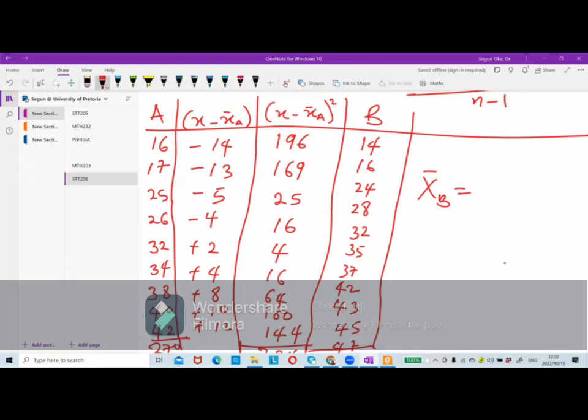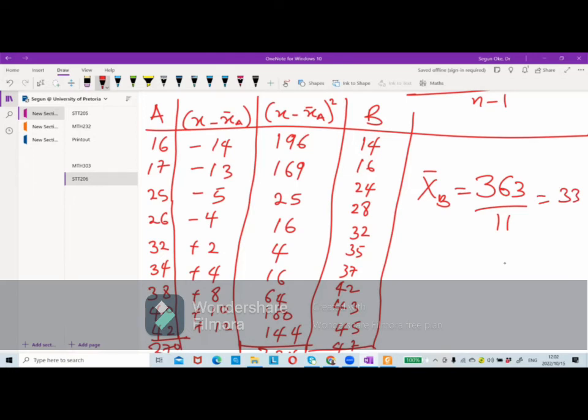So anything we are doing is divided by 11. X bar is 33. Tell me the value first. 363 divided by 11. Yes, sir.